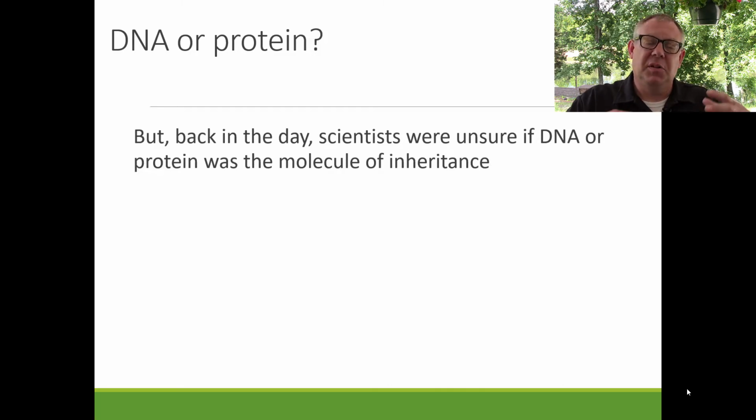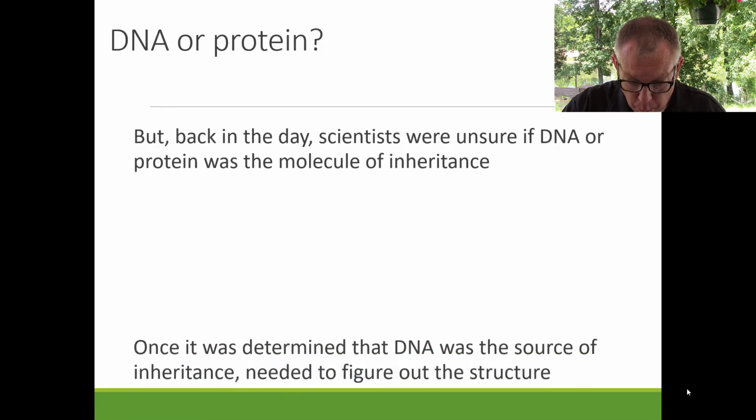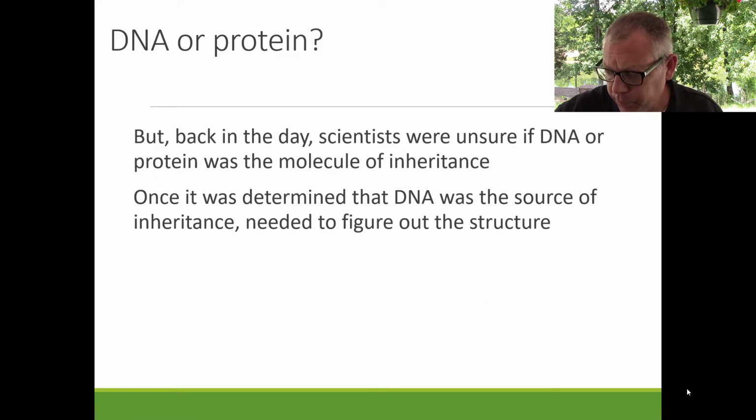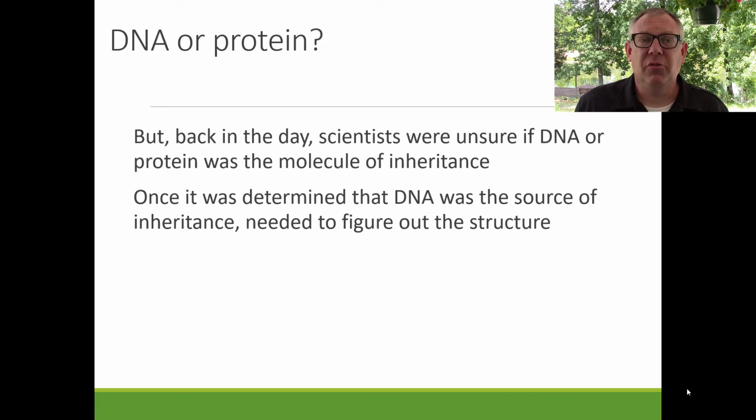They knew that there was nucleic acids and they knew there was proteins, but was it DNA or was it protein that passed along the traits from one generation to the other? And so that was kind of the first big step in the early 20th century.